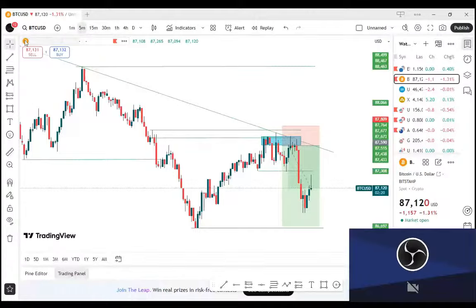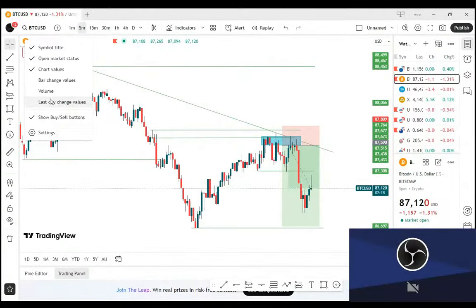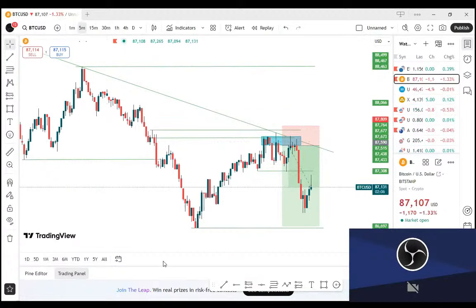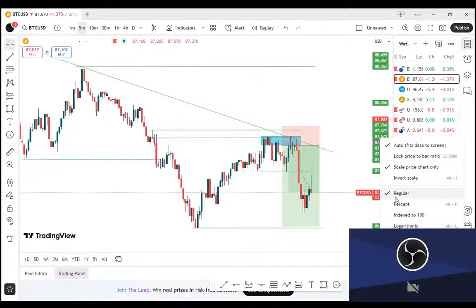Trying to set it up. Where did I press the button? I want to show us the answer. Price is still dropping at that particular time.